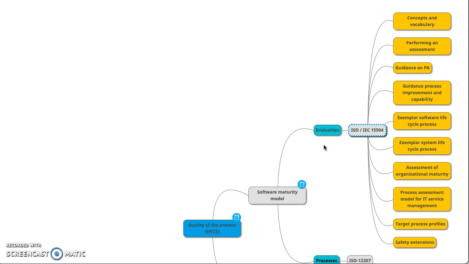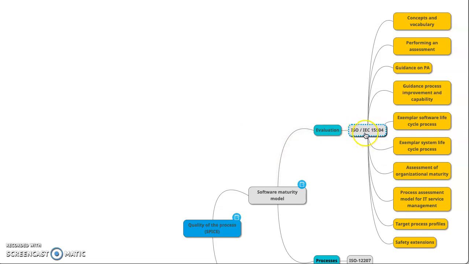The basic vocabulary will be used in each of the steps, and with that you will start on the other parts: the assessments, how you will be evaluated, the performance and assessment, the guidance on the performance and assessment, guidance on process improvement and capabilities, the exemplar software life cycle and system life cycle, the assessment of organizational maturity, the assessment model for IT services management, the target process profile, and the safety extensions. We will talk a little bit about this later.